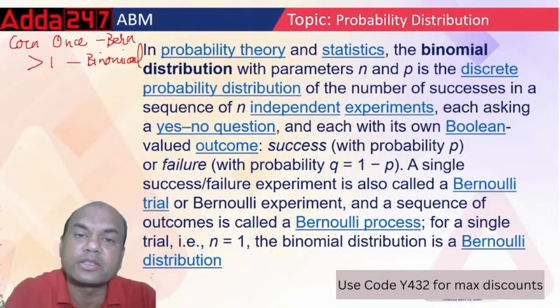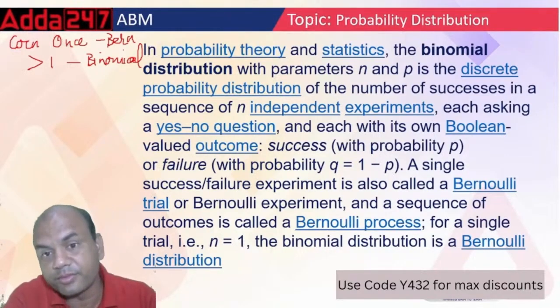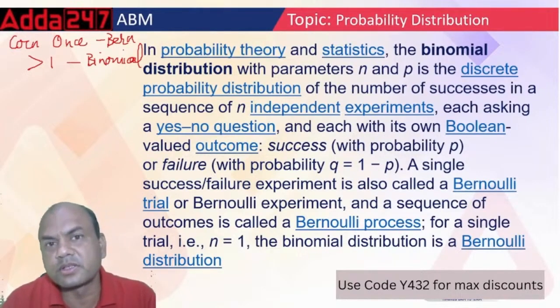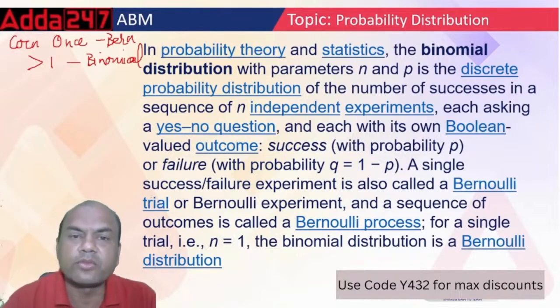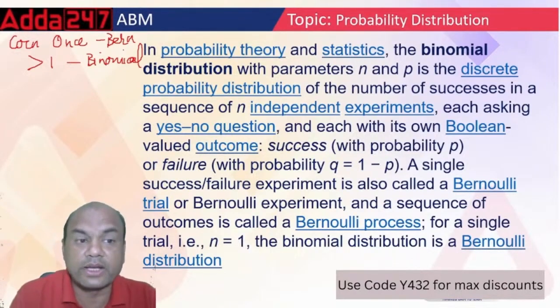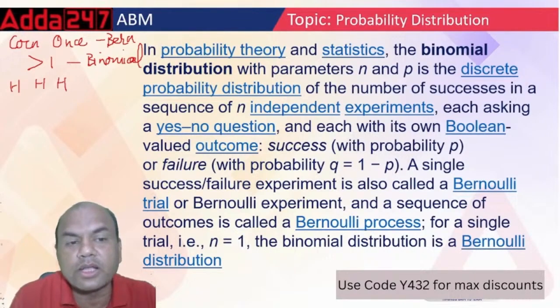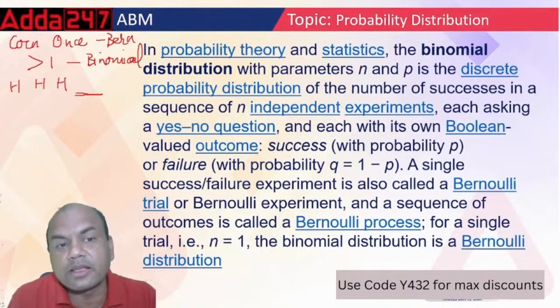Each trial has its own head or tail, right? So that is binomial. Suppose I am tossing a coin 5 times. One time I got head, then again I got head the second time. Third time also I got head. So now, for the fourth time, can you guarantee me? Everyone type in the comment section: 3 times I have got a head. Now can you guarantee me that I'll get a head again?